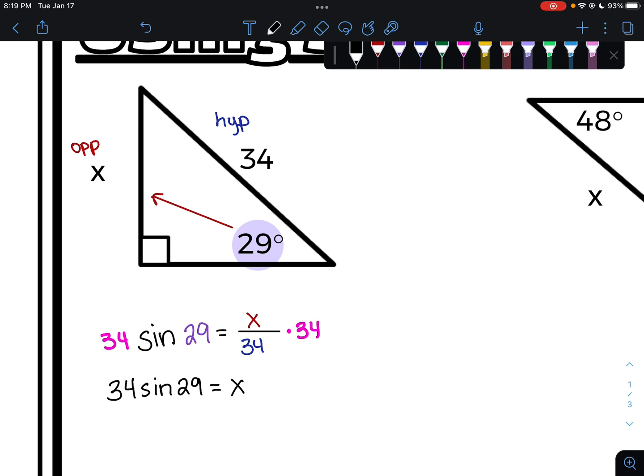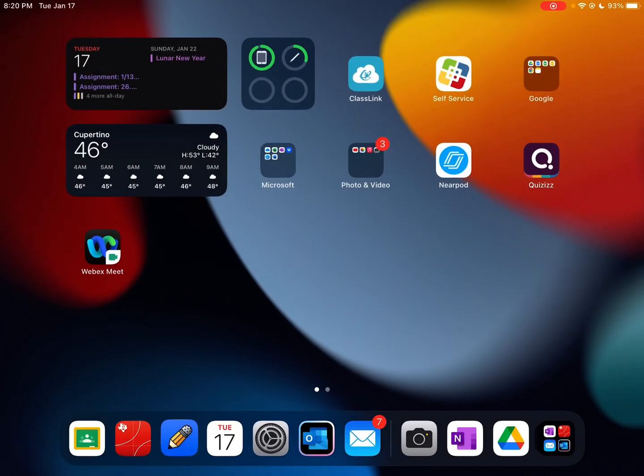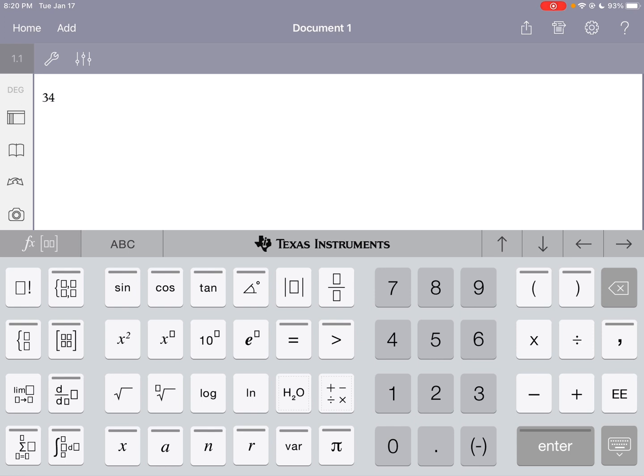Now, all we're going to do is type this into the calculator, and it's going to give us our x value. We're going to round on these to 2 decimal places. So go to your calculator. We're going to type in 34 sine. If you're using a yellow handheld calculator, you're going to look for the button that says trig.